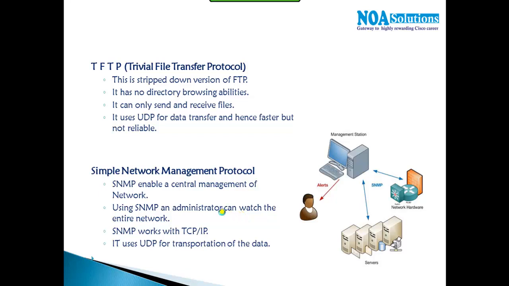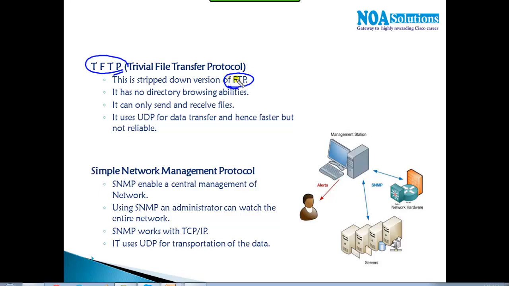Now apart from that, there are other protocols like TFTP. TFTP is a trivial version of FTP, a modified version, and the major thing is it is used for sending and receiving only files. It is especially used if you're doing a backup or restore of specific configurations, especially on Cisco IOS devices.